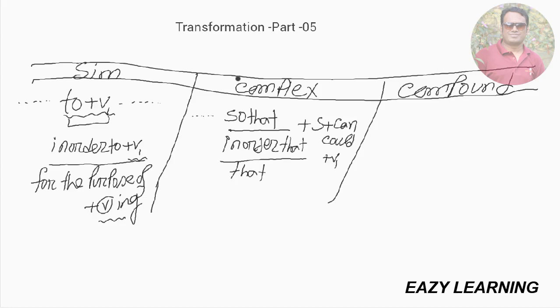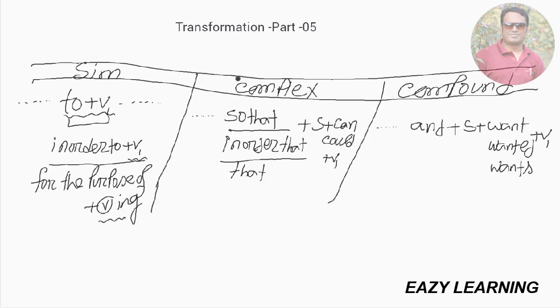And a compound sentence will have in the middle part "and" plus subject, want, wanted or wants, plus verb 1.